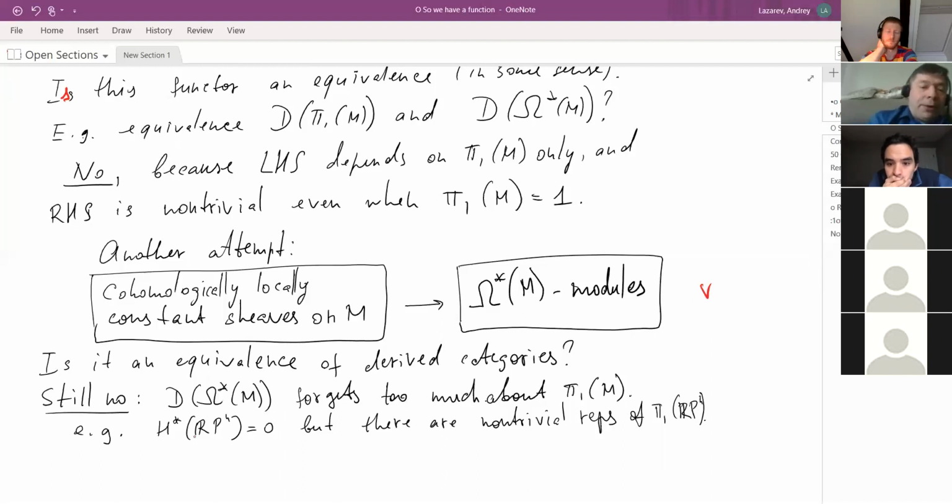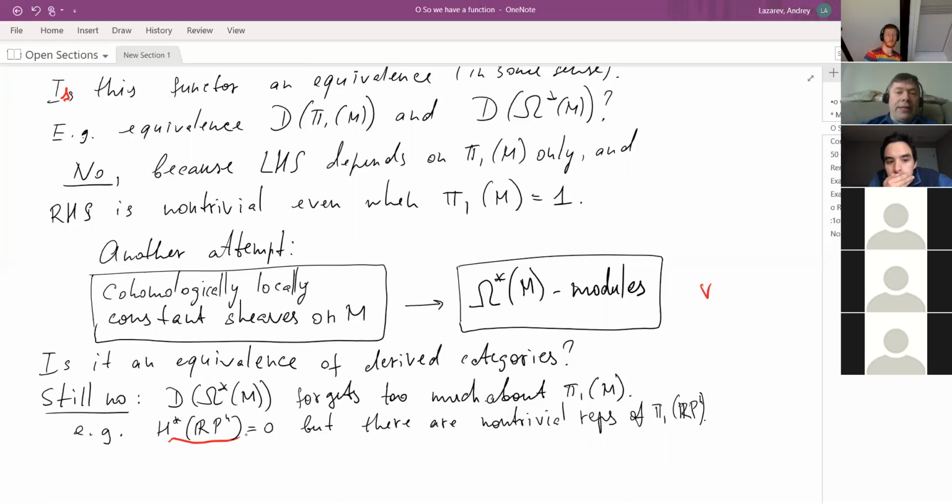For example, if we consider the real projective space, RPn, then its cohomology with real coefficients, say, is trivial, right? What that means is that the de Rham algebra is quasi-isomorphic to R, okay?